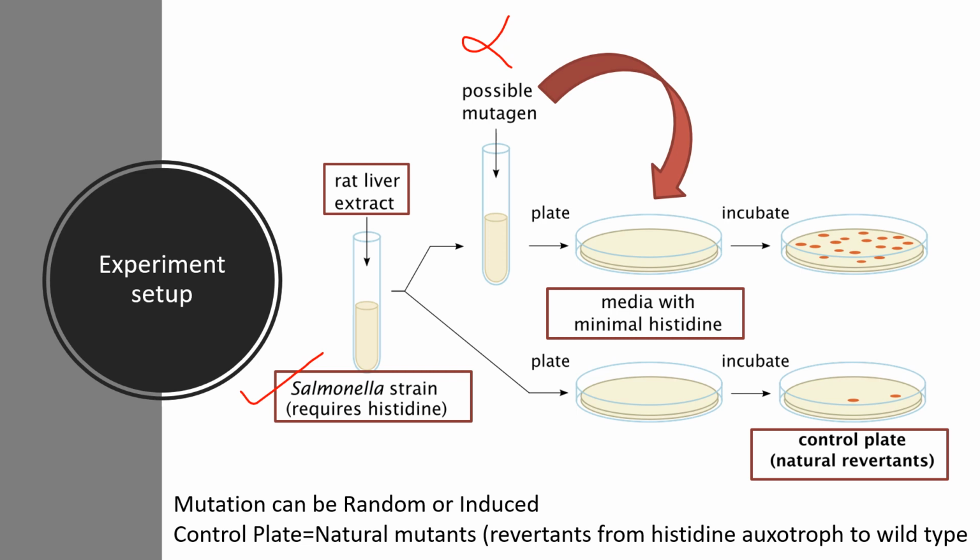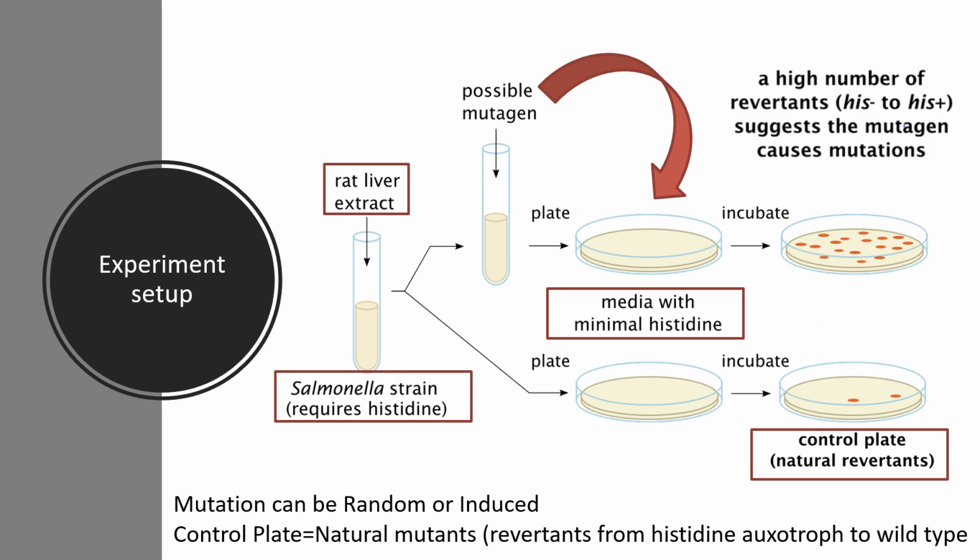Now, natural revertants are basically mutants which have a mutation that changes their histidine auxotroph back to the wild type form. So, if the test compound is not mutagenic, the number of colonies on the test plate will be approximately the same as the number of colonies on the control plate.